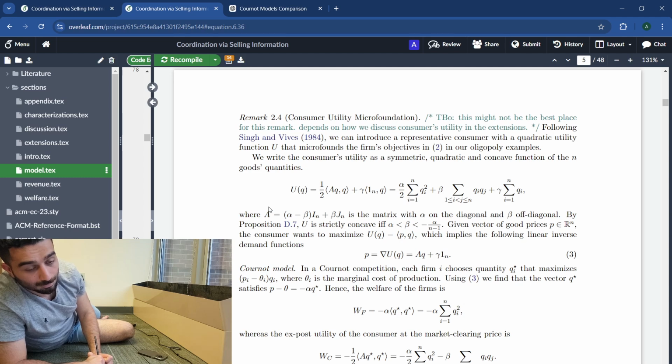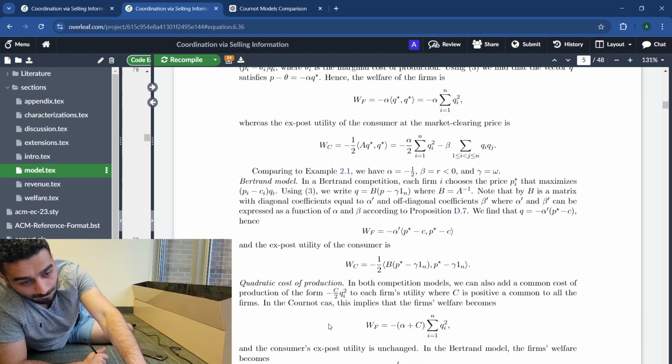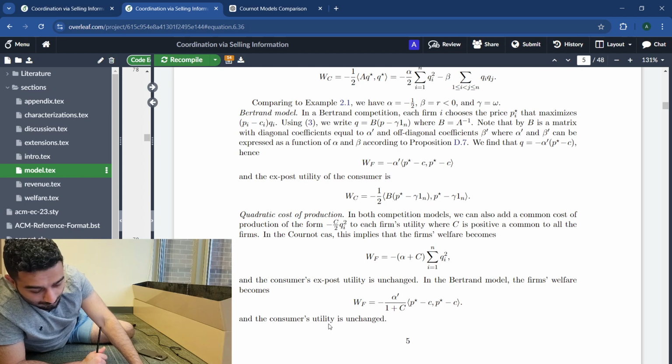Utility directly depends on the quantity amount you can consume, and then you have a net utility. So these formulas probably stay the same. In addition, each firm I chooses the price Pi star that maximizes this, which ends up in the best response.